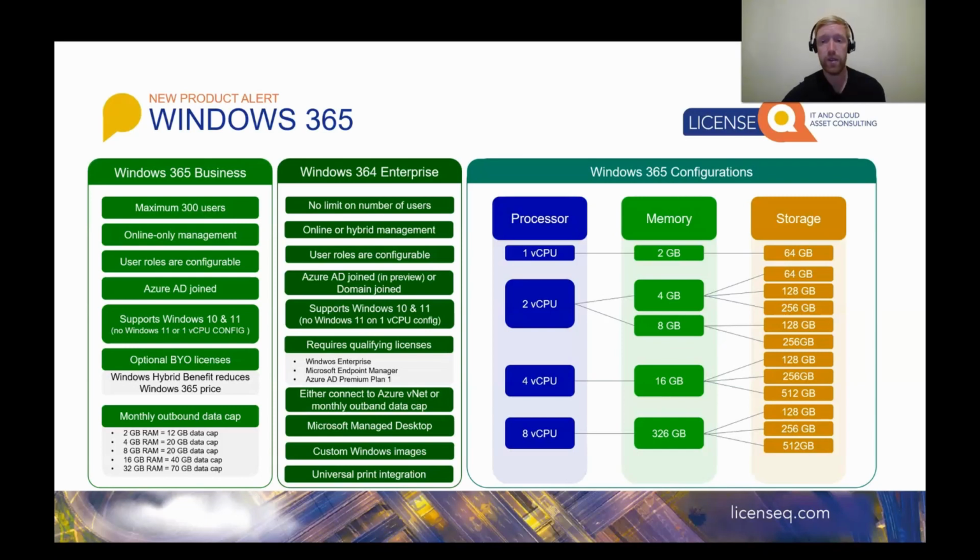But if you're, for instance, a company that is interested in this, but you don't have your Windows licenses yet, it might even make sense that you buy some Windows qualifying licenses, some upgrade licenses or some E3 or E5 subscriptions, and then look into this solution with a bring your own license option included. So I'm very interested to see how this progresses towards the future.